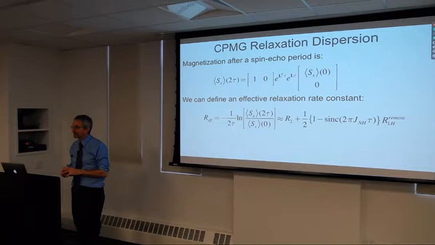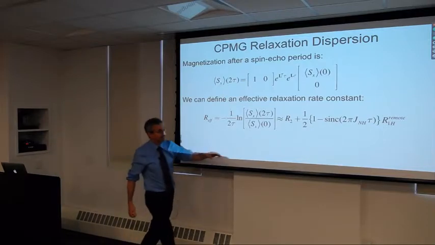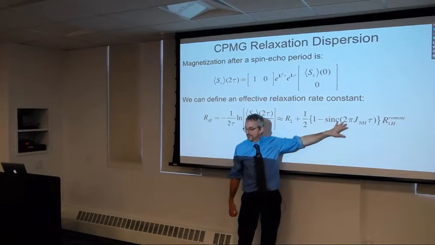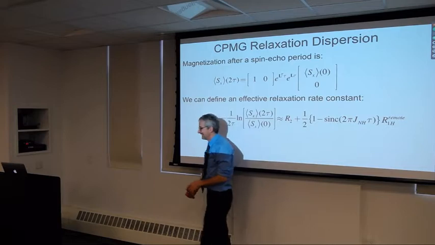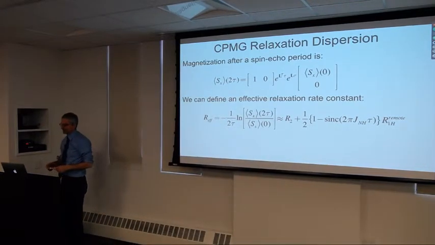It turns out for a protonated protein, this remote R1 is about equal to the R2 of the nitrogen, so that this is about, in the limit, about a 50% addition, which is large. So that was the problem I pointed out a long time ago that said we should never do this experiment.